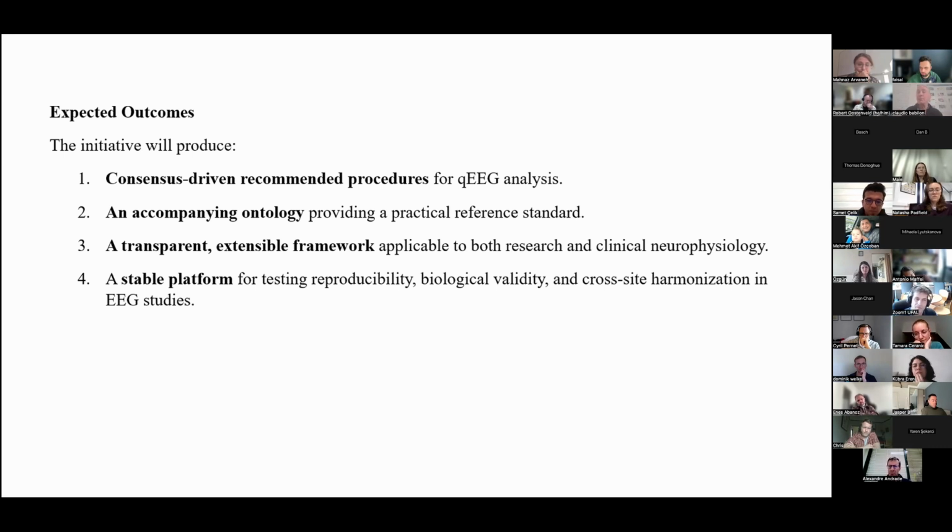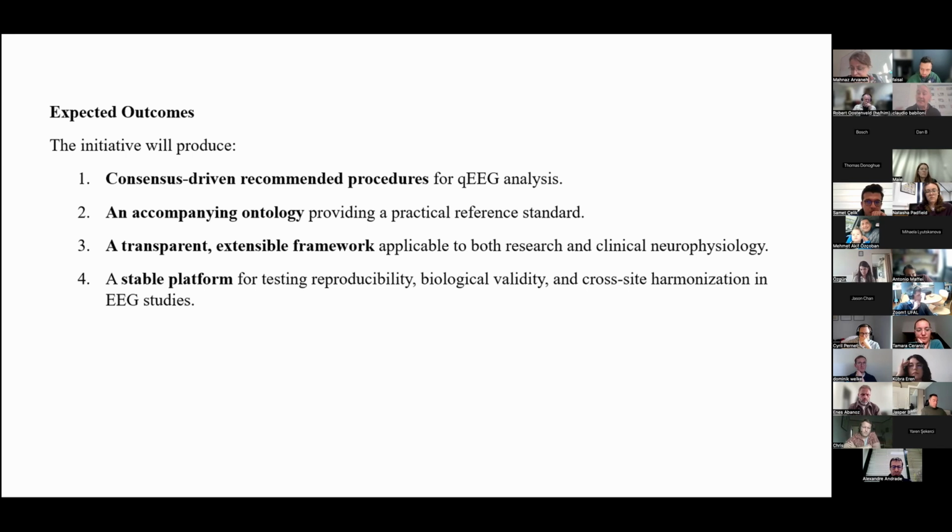The platform could be based on data, and this data could be, in the original proposal, 100 resting state eyes closed EEG datasets in healthy subjects from 20 years old to 80 years old, so not affected by brain diseases already diagnosed and so on.